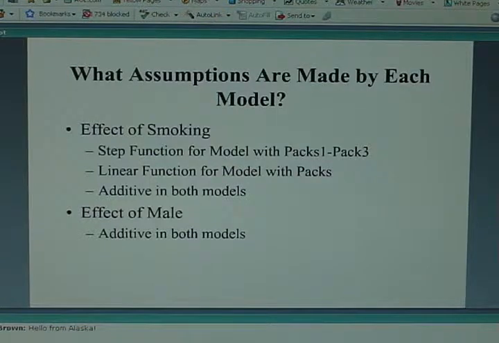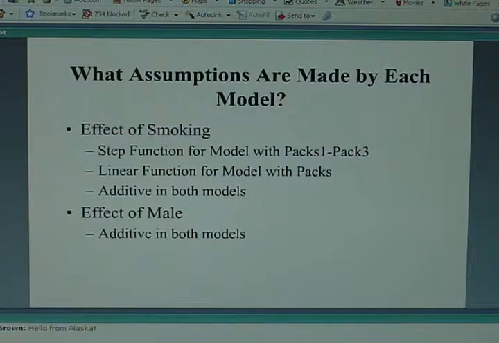And both models are assuming what we call additivity, meaning that the effect of smoking doesn't depend on whether you're male or female. Smokers have the same effect regardless of your sex. And likewise, both models are assuming that sex has the same effect. The effect of male versus being a female is the same regardless whether you're a non-smoker, a 1-pack-a-day smoker, a 2-pack-a-day smoker, or a 3-pack-a-day smoker.